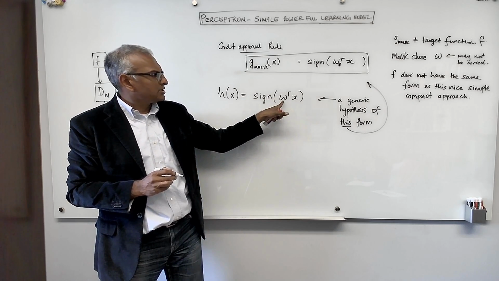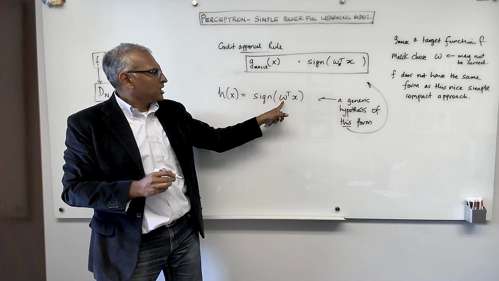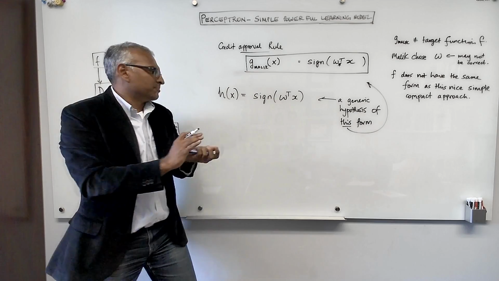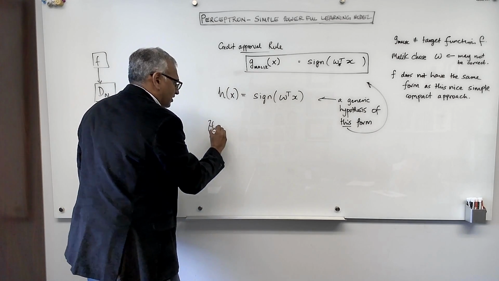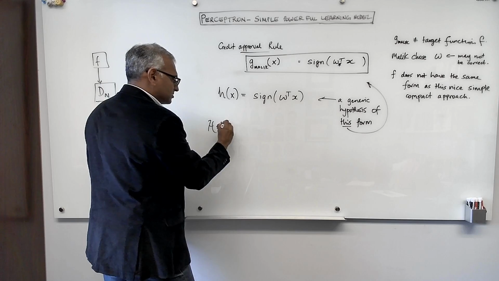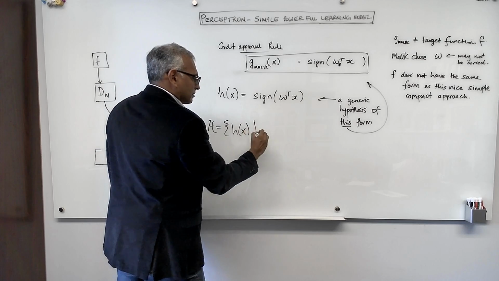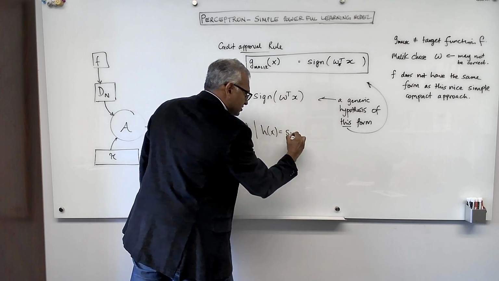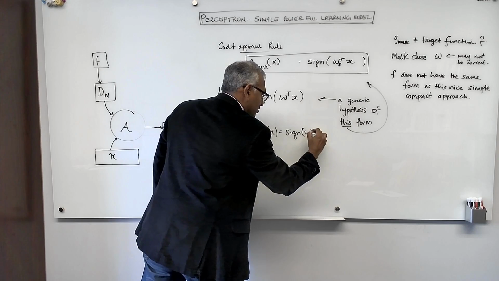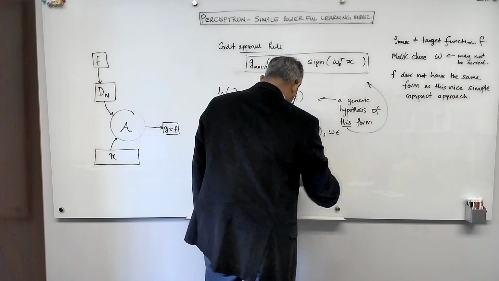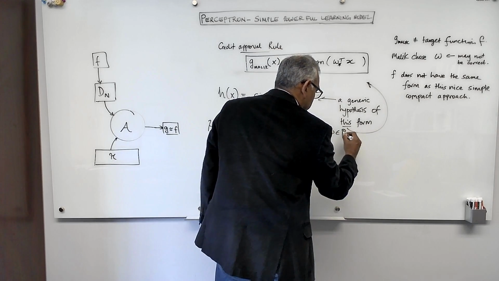So let me define a hypothesis set H, which is the set of hypotheses of the form h of x, where h of x is equal to the sign of w transpose x, and w is in R to the d.